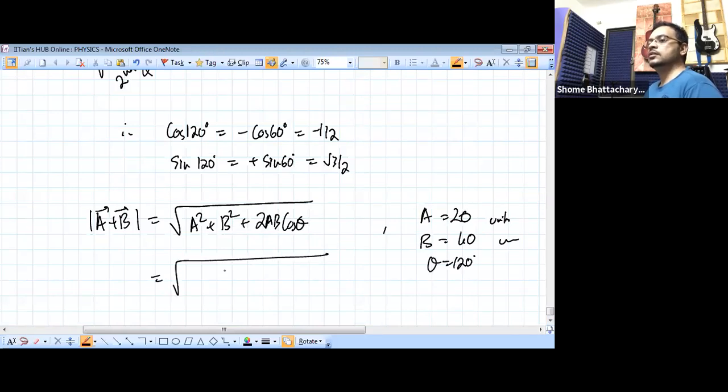You will get 20 square plus 40 square plus 2 into 20 into 40 into minus half. Substitute the minus half over here. Now calculate and see, you will get the same answer as before.